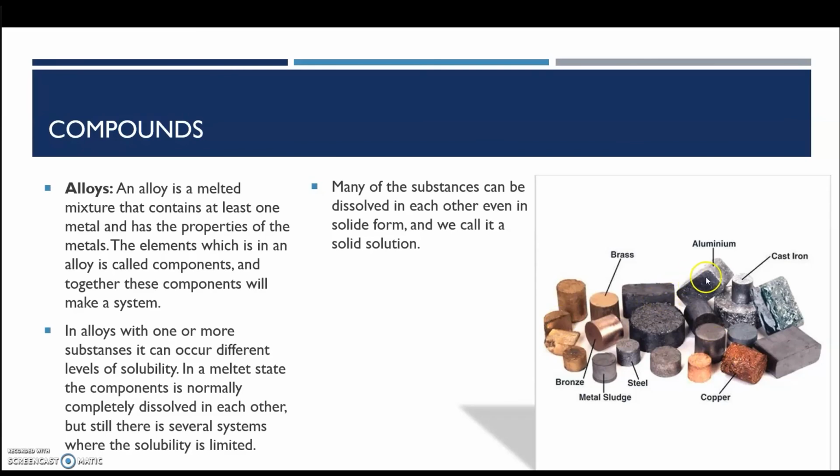And we also have different alloys of aluminium, different alloys of brass, and so on. But the main purpose of making alloys is to improve the properties of the material.